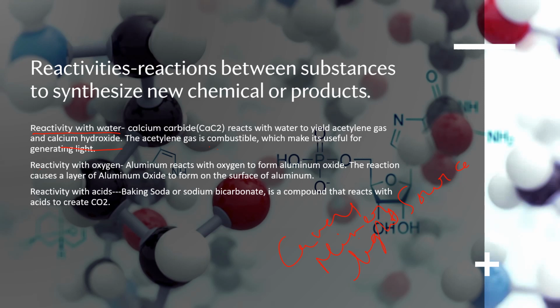Next, reactivity with oxygen. When aluminium reacts with oxygen, it forms aluminium oxide. That causes a layer of aluminium oxide to form on the surface of aluminium. You can see that many plants have their outer surface made of aluminium.